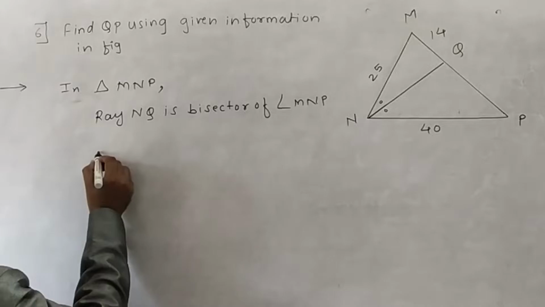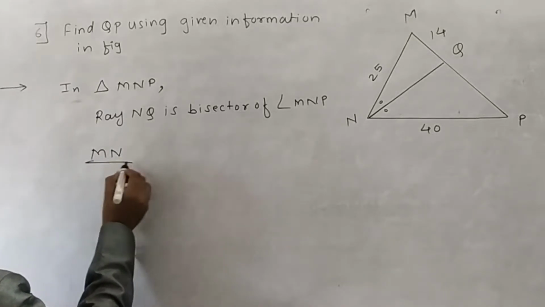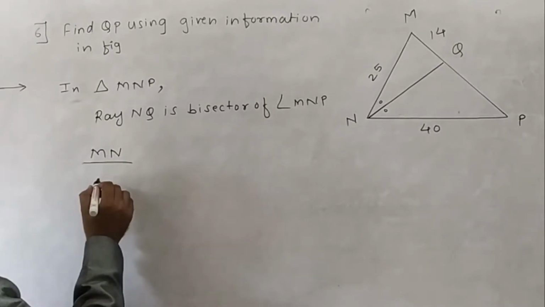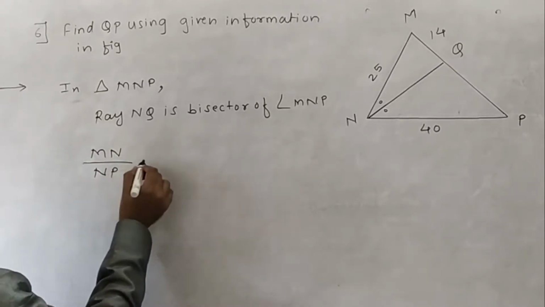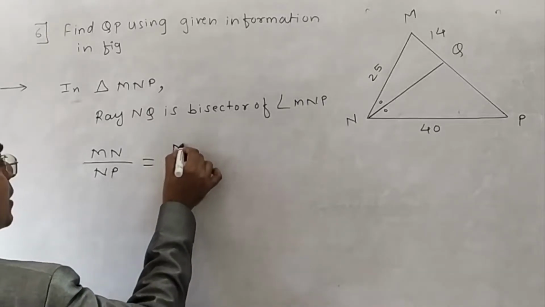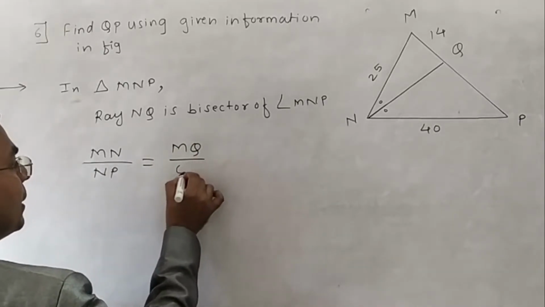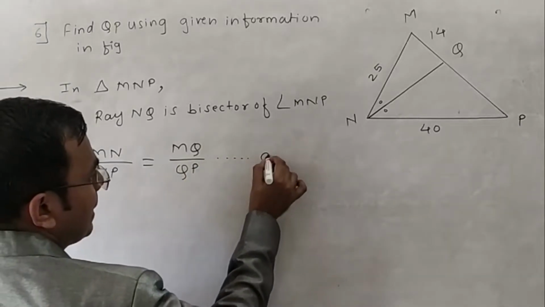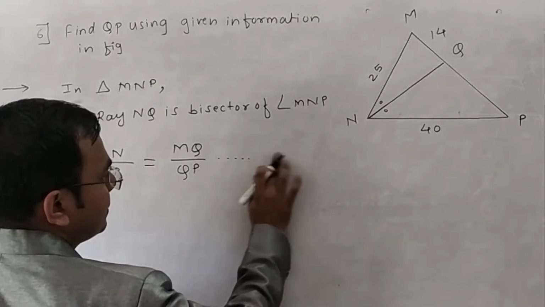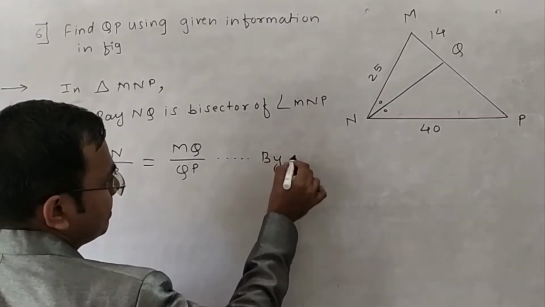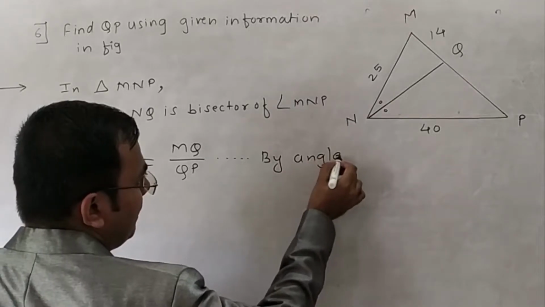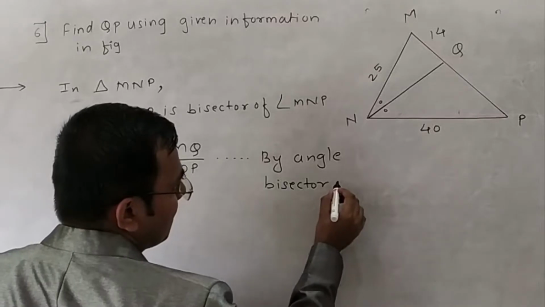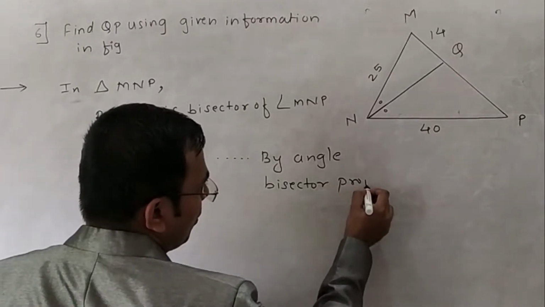So MN upon NP is equal to MQ upon QP by angle bisector property.